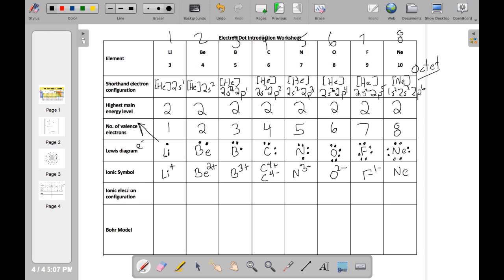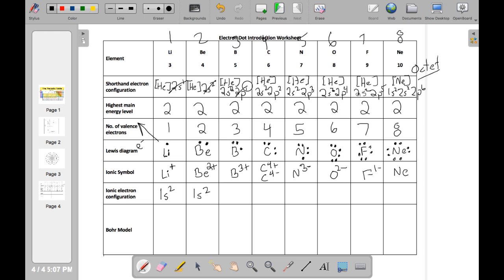Okay, ionic electron configuration. This is a little bit weirder. Alright, let's think about this. If this loses 1 electron, this entire energy level is going away. So really, lithium is just going to be 1s2. Beryllium is going to lose 2. Oh, wait a minute. We're starting to see a trend here. That'll be 1s2.